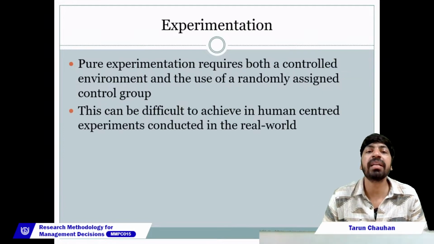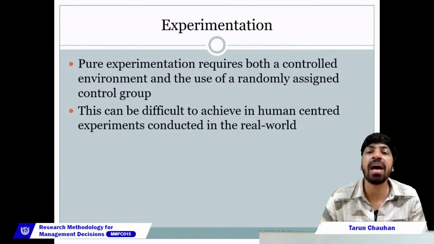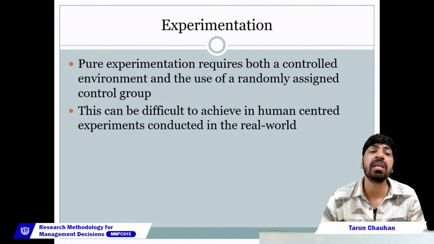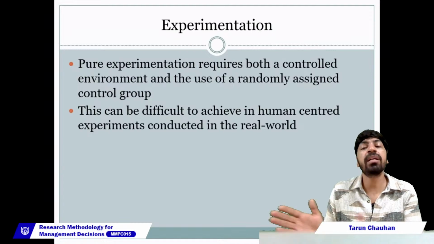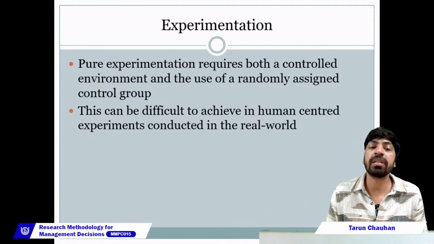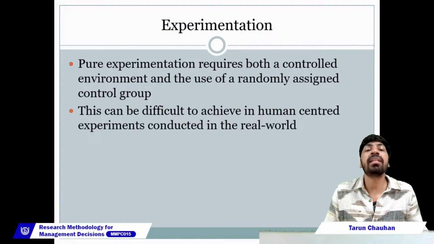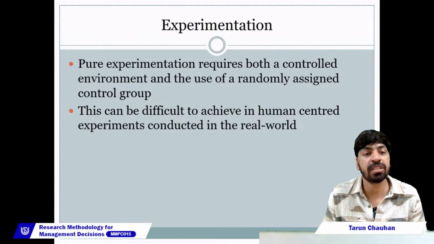A pure experiment requires a controlled environment and the use of a randomly assigned control group. The experimental group and control group are very important, where we see the exact cause and effect relationship.